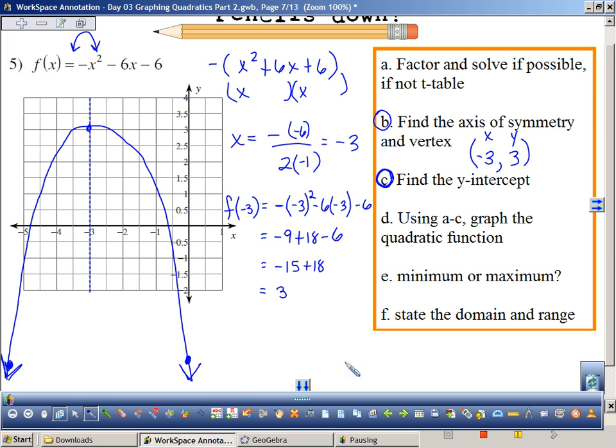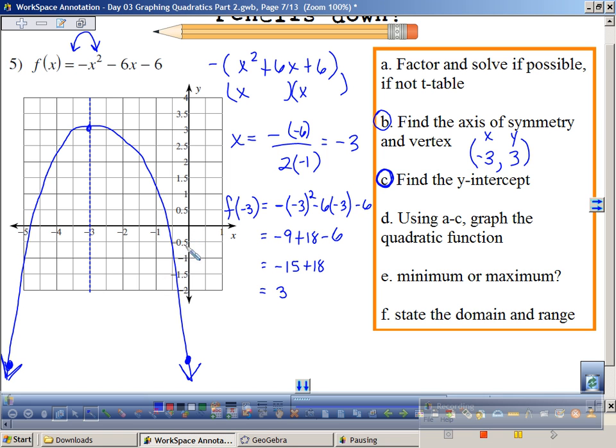Let's test a point and make sure we're right. What if we put in something easy? 0. We already know that one though. 1, let's put in 1. F of 1 equals negative 1 plus 6. 1 squared is 1, right?